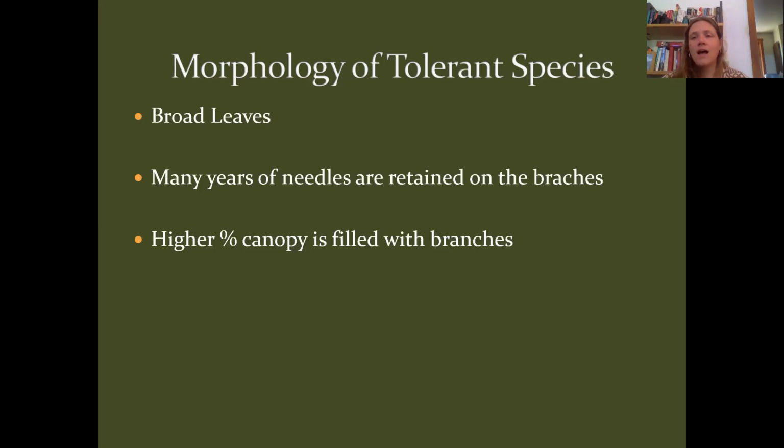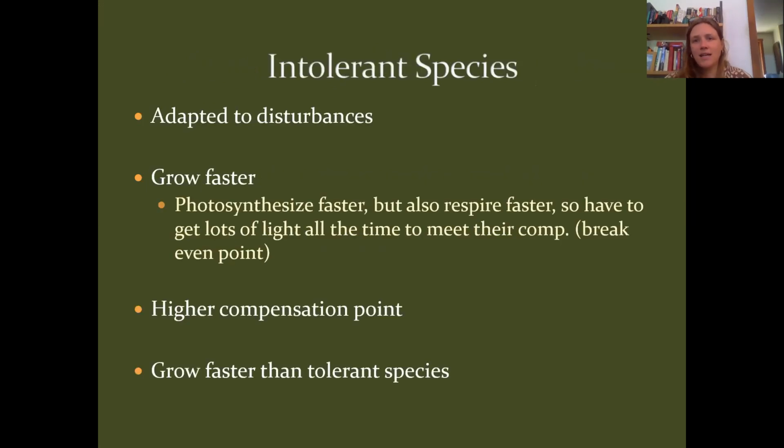So it has a lower height to live crown, we can call that. There's not a lot of height of trunk before you start to get branches with live needles. That's going to be essentially opposite to these intolerant species, these species that grow in open conditions.